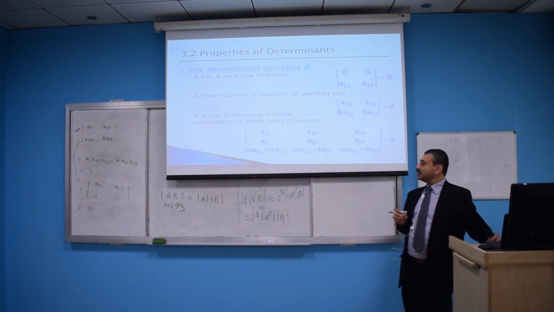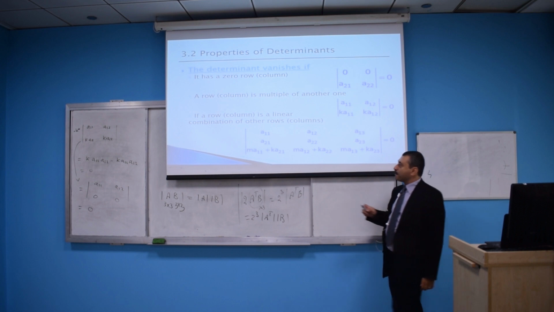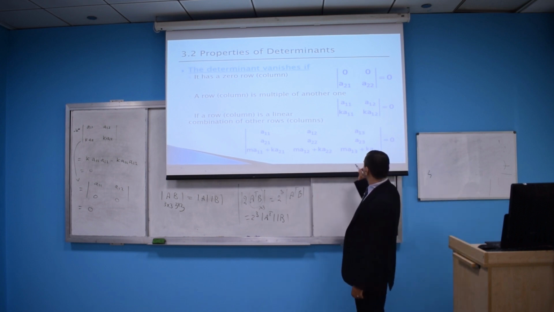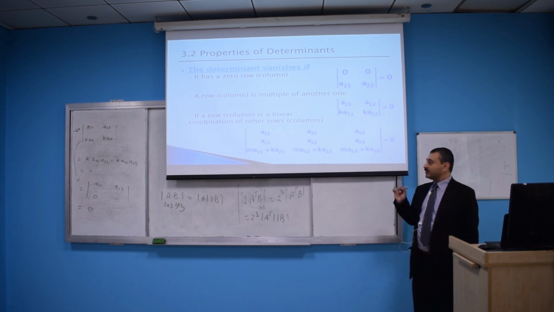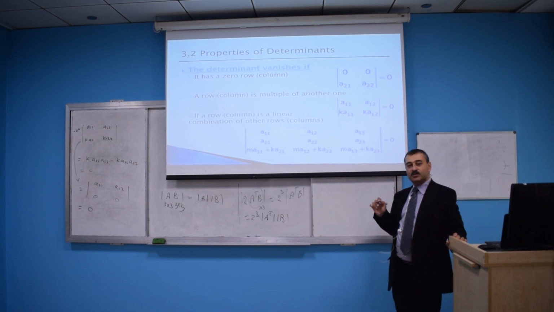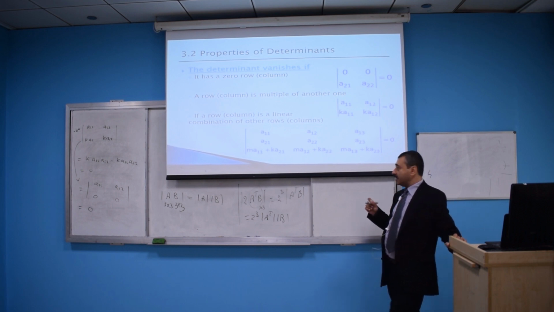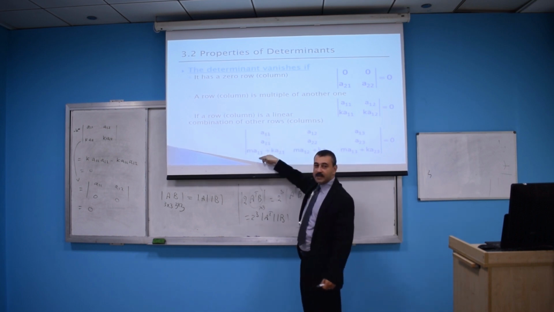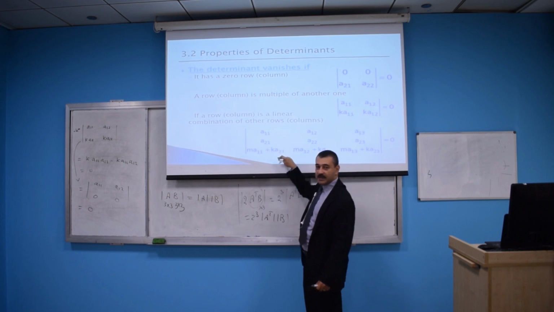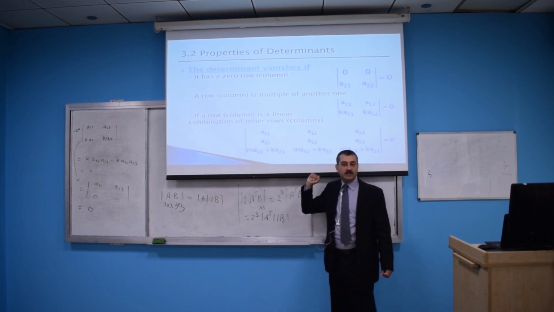What about this one? Look. What happened here? The third row is MR1 plus KR2, which is a linear combination of the first and second rows. If you apply the row replacement, you can multiply this guy by negative M and add, and negative K and add, you will get a row of zeros.